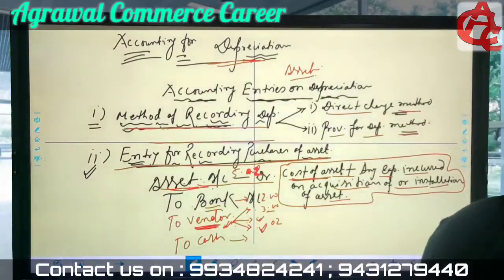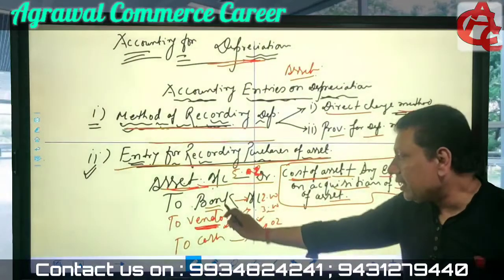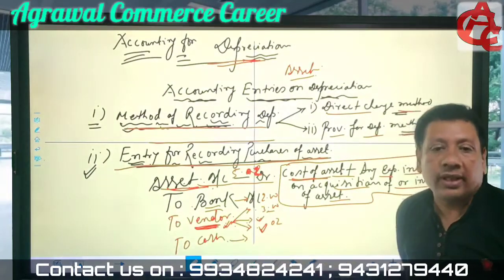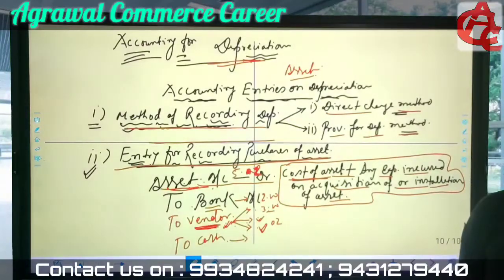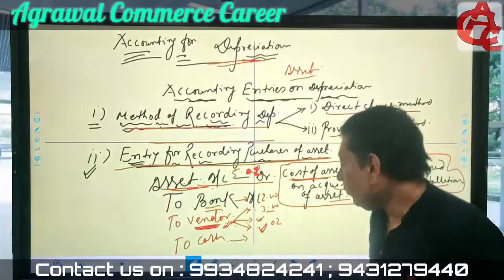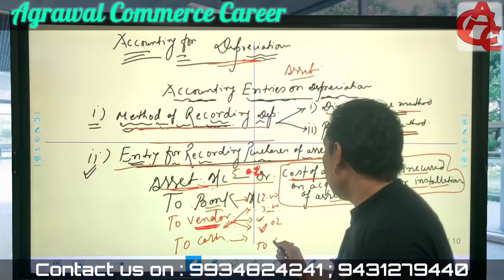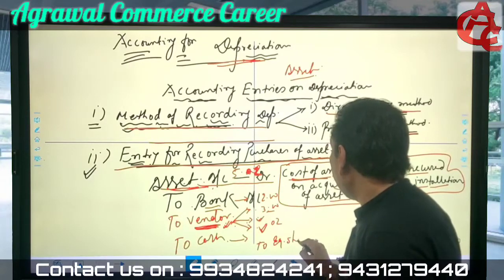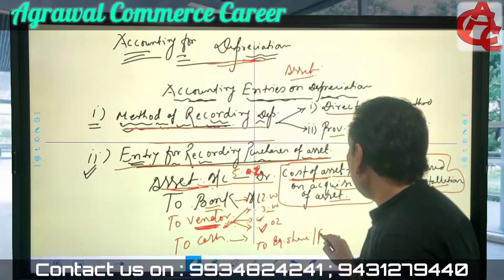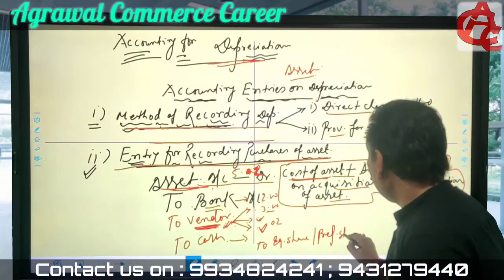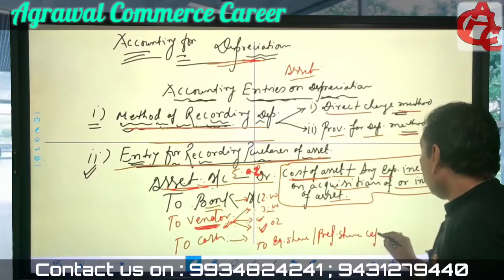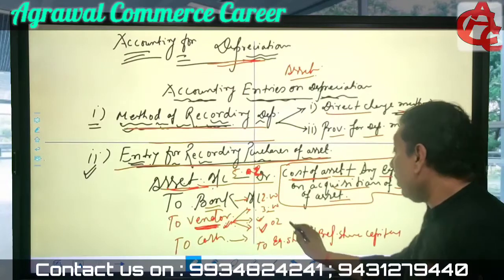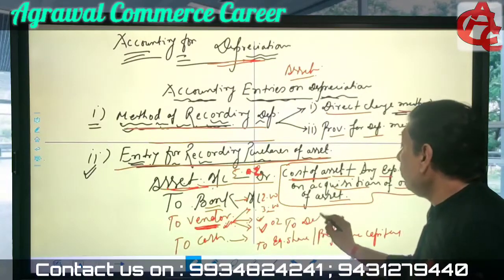Here I have discussed bank, vendor, cash. Three things. The fourth one, two: equity share or preference share capital, or two, debentures.